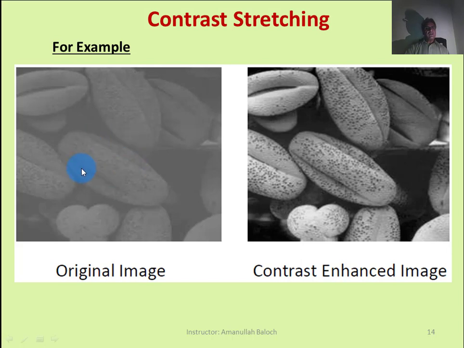You cannot observe this disease effect in this image, but here we can study that the seed has been infected very much, because these dots show the infection which the seed has been infected from the disease.